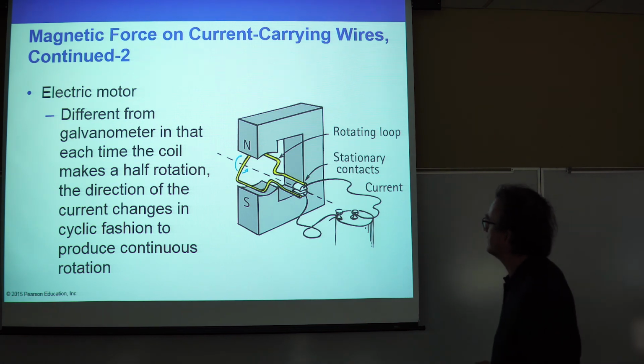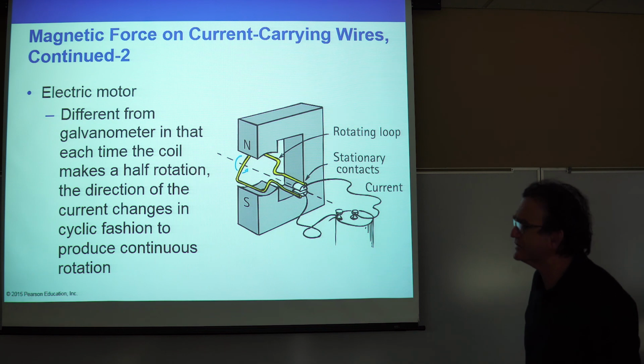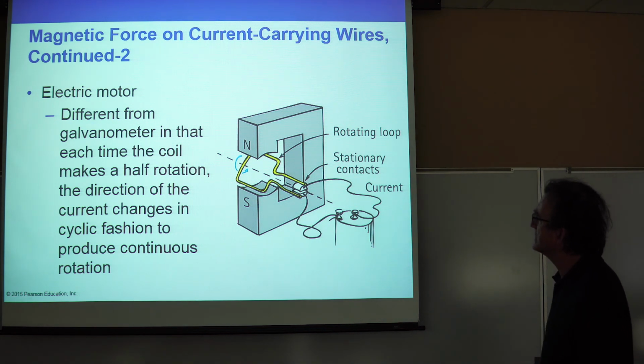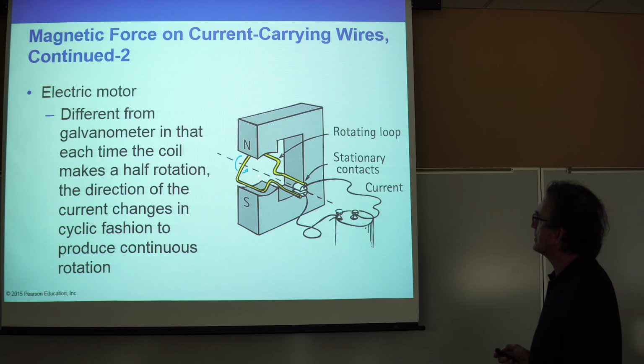Now this takes kind of an involved analysis to go through all the steps, but the basic idea is that the current in two legs of this loop, the upper and the lower, have a force exerted on them by the magnetic field, which causes it to spin and twist about its axis in the direction shown.